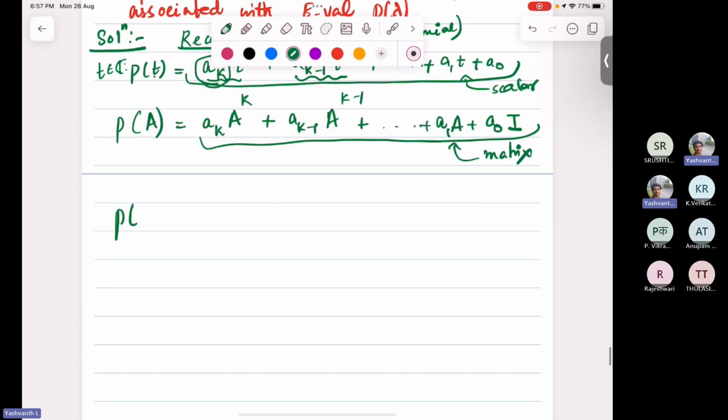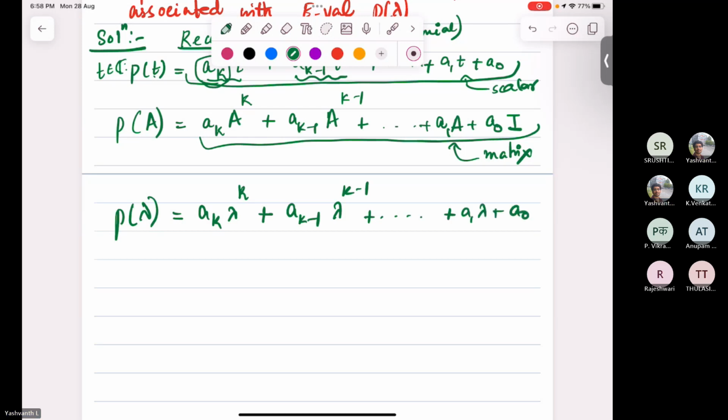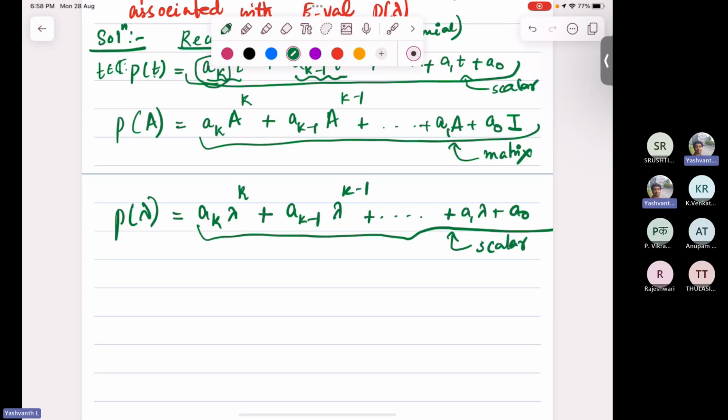Similarly, P of lambda, how is it defined? a_k lambda^k plus a_(k-1) lambda^(k-1), and so on till a_1 lambda plus a_0. What is this? Scalar, yes, correct, just a scalar, because an eigenvalue is a scalar number.